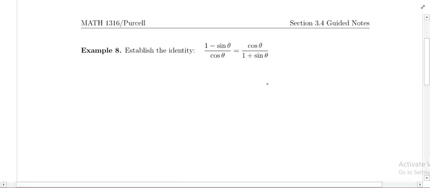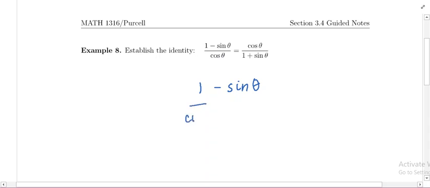All right, so let's start here. We've got one fraction equal to another, so they're both about the same complexity. Which side should you start with? Well, if you started with the left side, think about what's going to happen. You've got a single fraction, but the bottom is just a single term, so you can easily break that fraction up into two fractions.